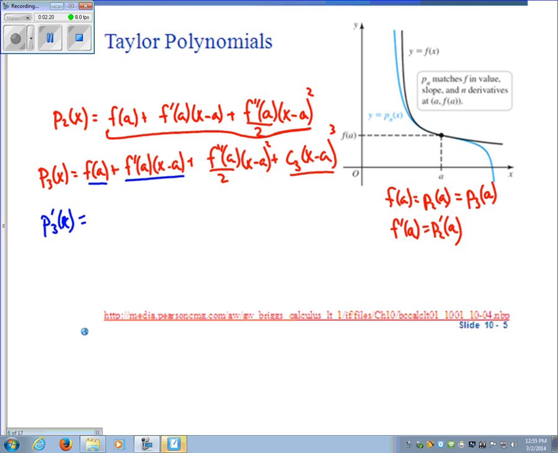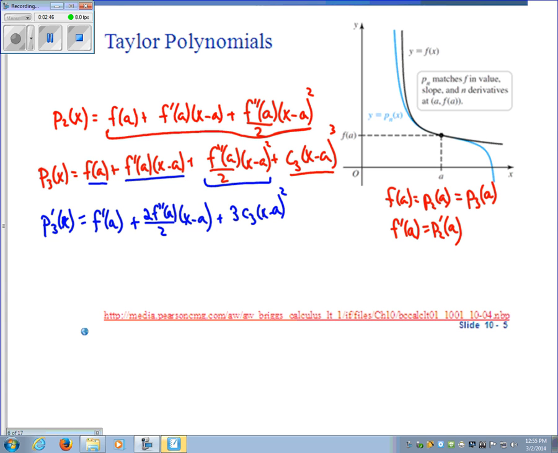This one, the f prime of a times x, has a derivative of f prime of a. This one I need the power rule, so I multiply my 2 in front. So I'm going to have 2 times f double prime of a over 2, and then x minus a to the first power. And then plus 3 times c3, x minus a to the second power.